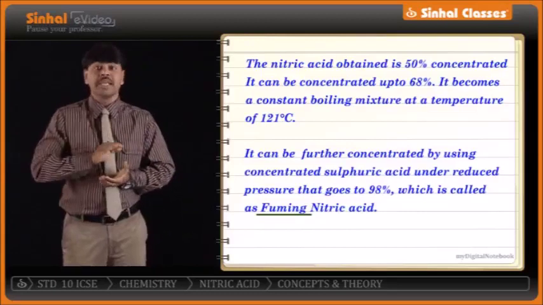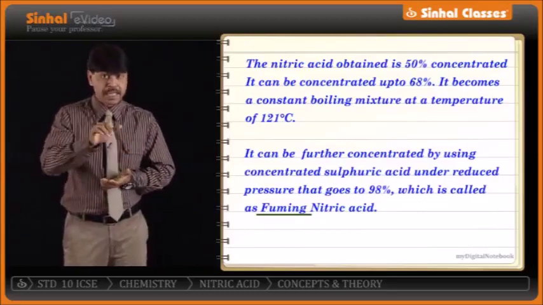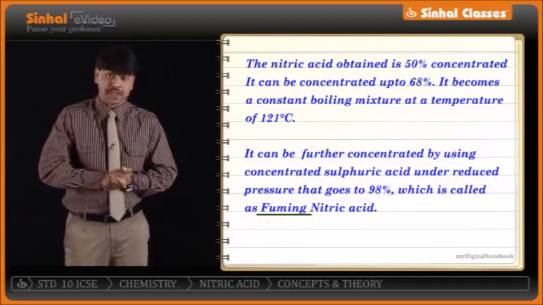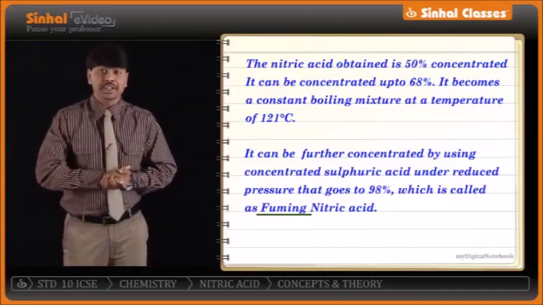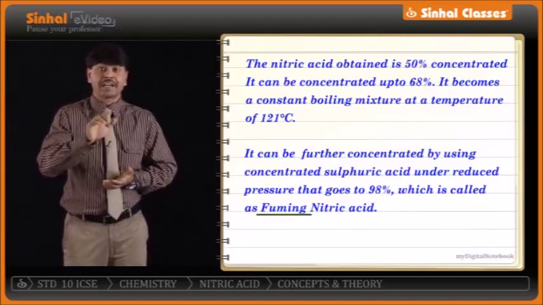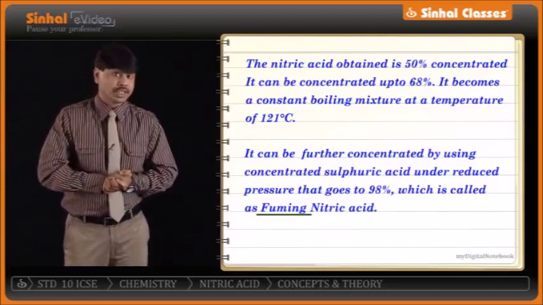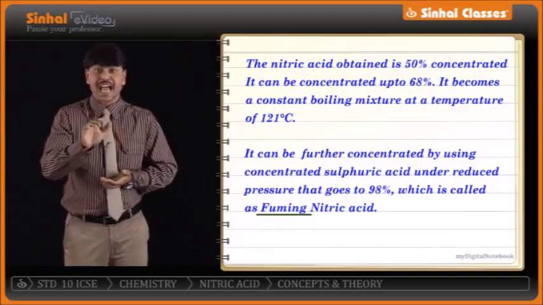So the composition remains same. But in this case, you can further concentrate up to 98% by using concentrated sulfuric acid and reducing the pressure. It can go up till 98%, which we call fuming nitric acid.